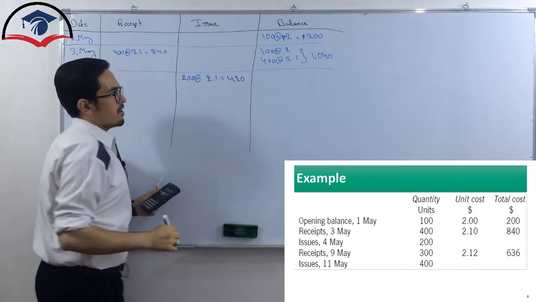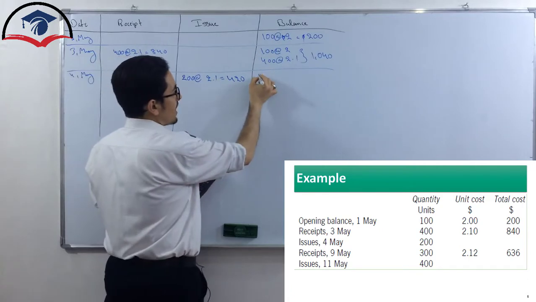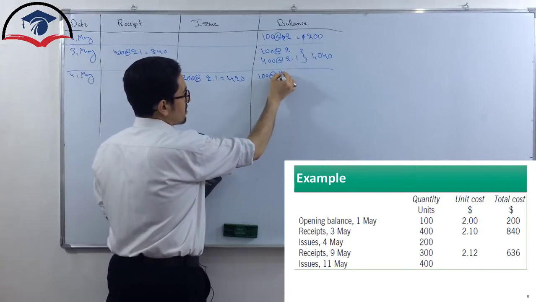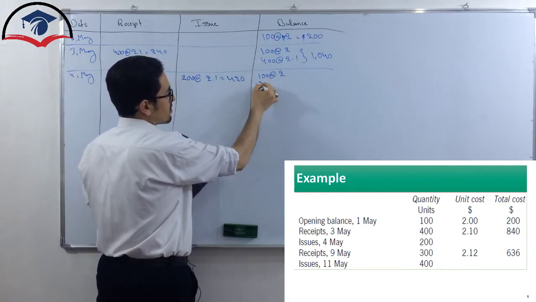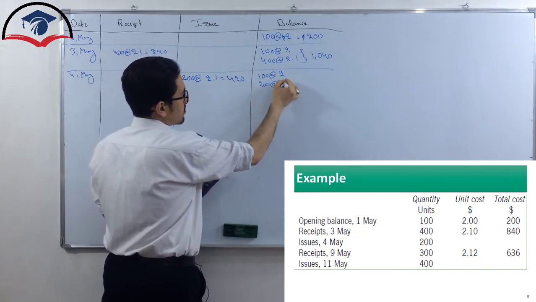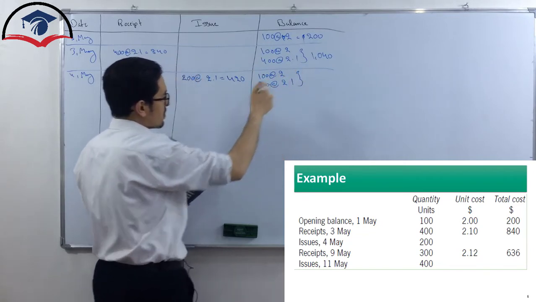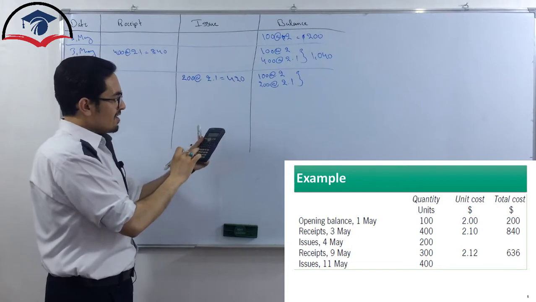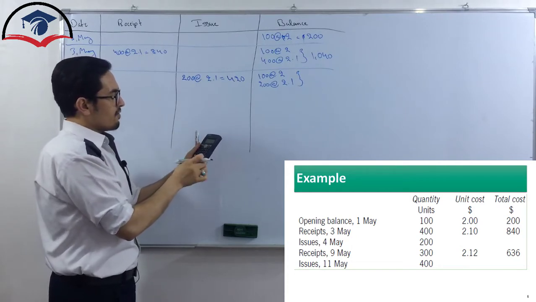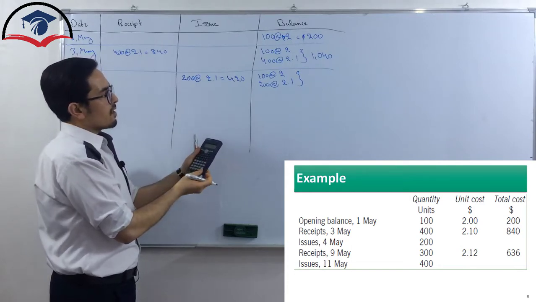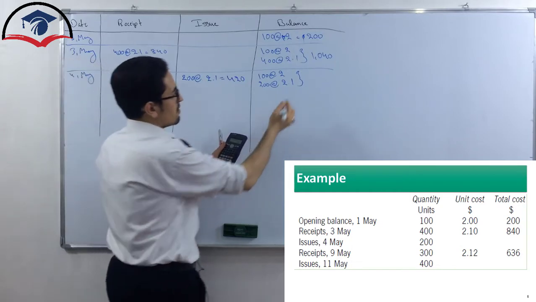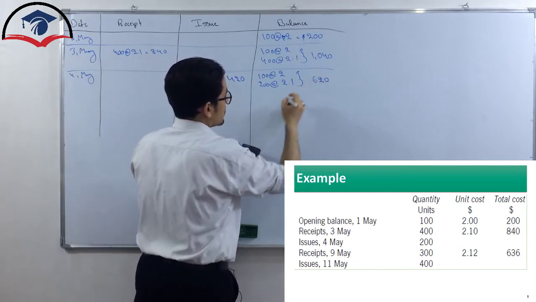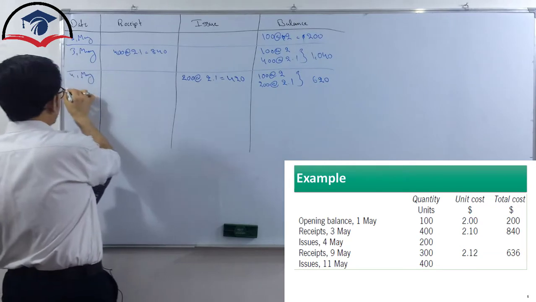So the remaining balance will be 100 units at the rate of $2 and 200 units from this one, and the total value, you can easily deduct the 420 from 1040, and the remaining balance will be $620. This is the remaining balance.